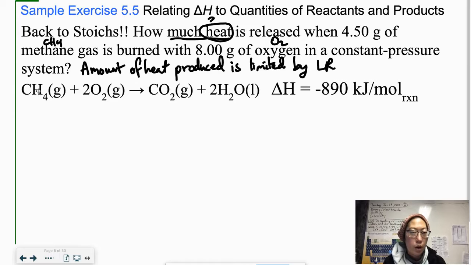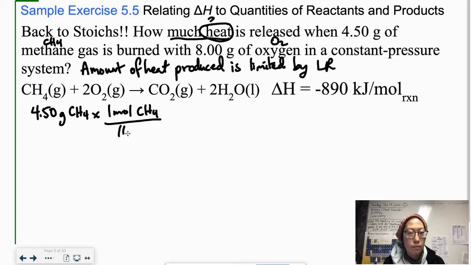So we've got to figure out which of these is the limiting reactant. Is it the 4.50 grams of methane, or is it the 8.00 grams of oxygen? So I'm going to convert both of those to moles. So 4.50 grams of methane, and I'm going to convert that to moles. And I get 0.280 moles of CH4.